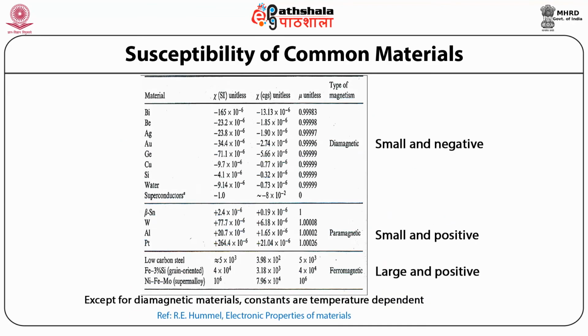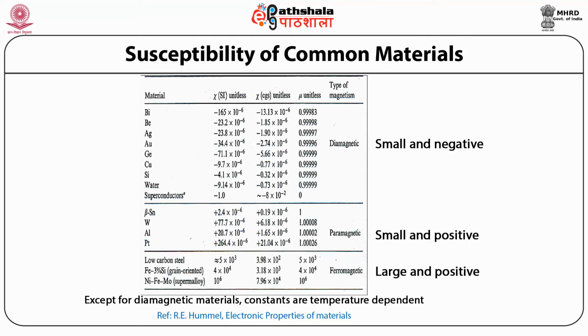So students, you can see the table for the susceptibility of common materials. In this table on the left hand side, you can see there is a wide range of materials like bismuth, beryllium, silver, germanium, silicon, and so on. For such materials, the values of susceptibility and permeability are given.